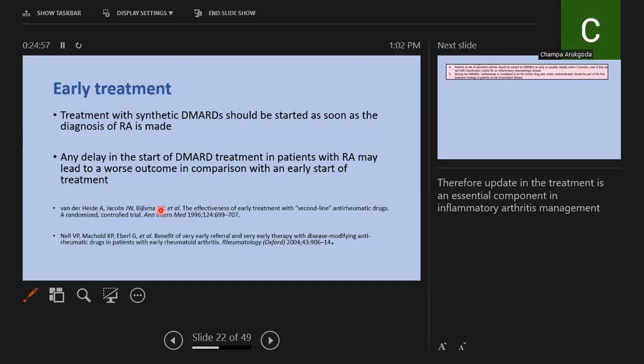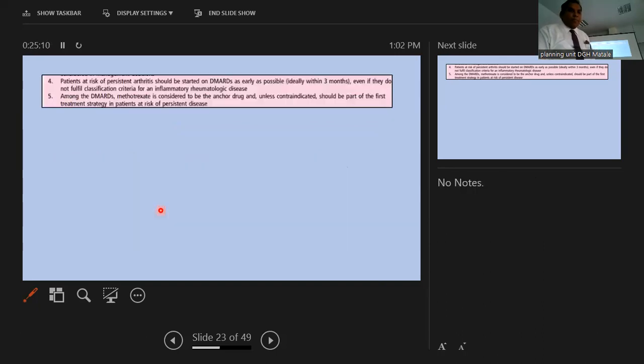Why you need to start is because any delay in the start of disease modifying treatment in patients with RA may lead to worse outcome in comparison with early commencement of treatment. And this is the most important point in that guideline.